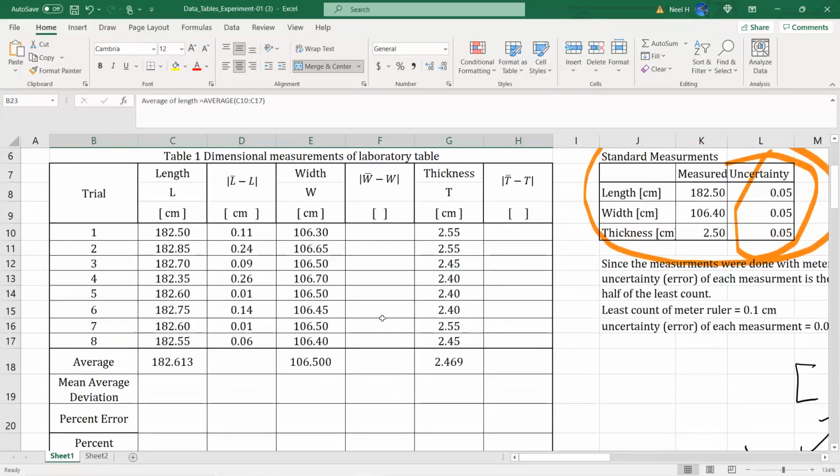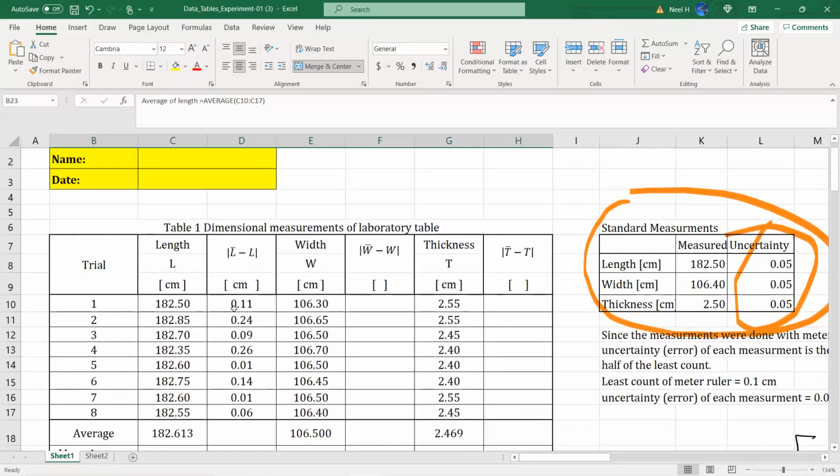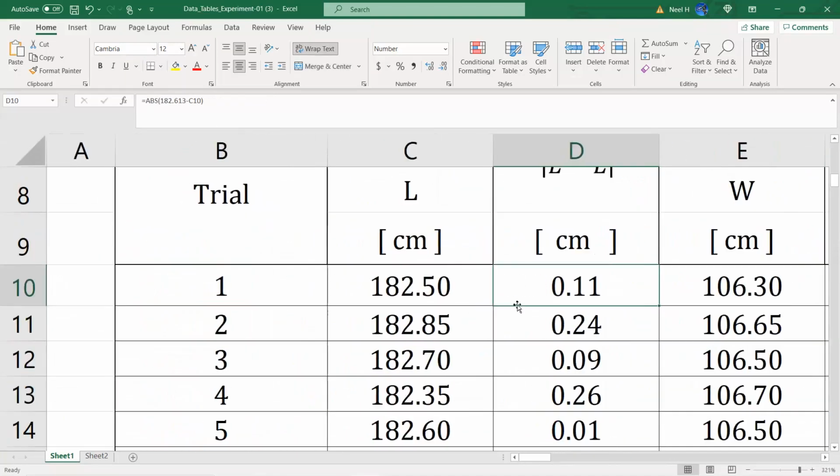Professor? Yeah, what's up? Can you show me the formula for the ABS? Oh yeah, so the function for that is just equal ABS, open brackets, and I put the average value, that number which I had earlier, 182.613 for the length.